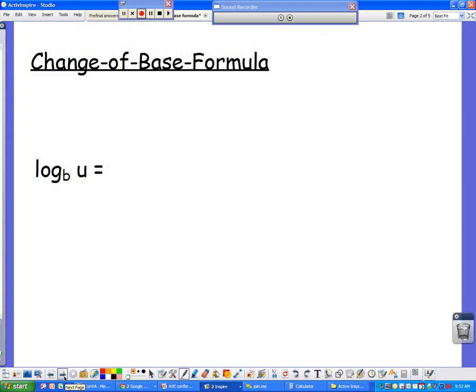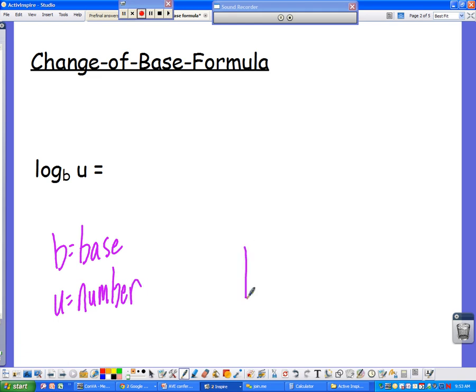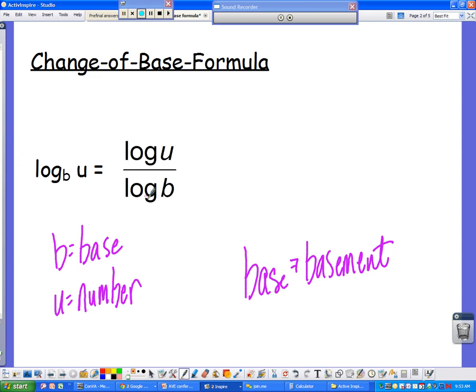if I actually had a log, now remember b is your base, and u is your number. Okay? And the easiest way to remember this is the base goes in the basement. The change of base formula is going to turn it to log base 10. So remember, it's a common log, which means we can now actually calculate it.